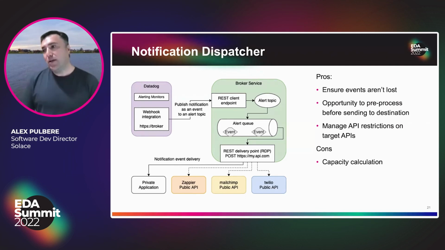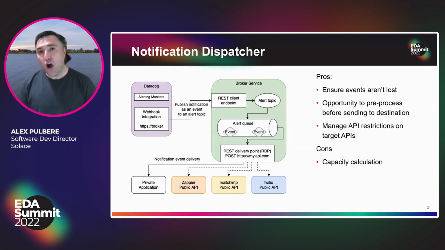The benefits of this system are that it ensures events aren't lost by storing them on a durable queue and making sure everything is delivered before it's removed from the queue. There's also an opportunity to pre-process some of these events before sending them to the destination. And it allows us to manage API restrictions on some of these cloud APIs, or on our own private application if there is limited capacity for processing.